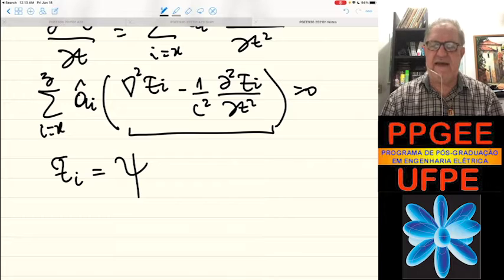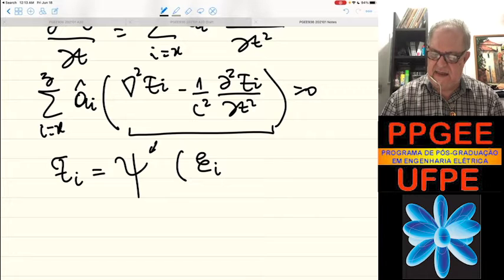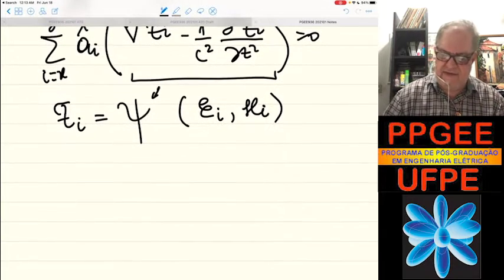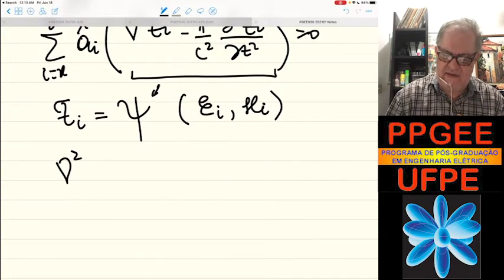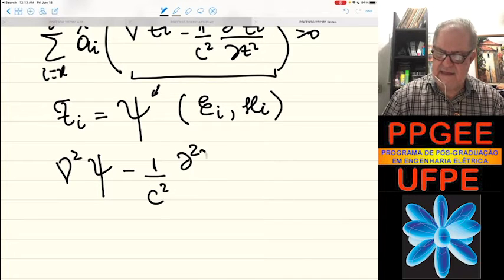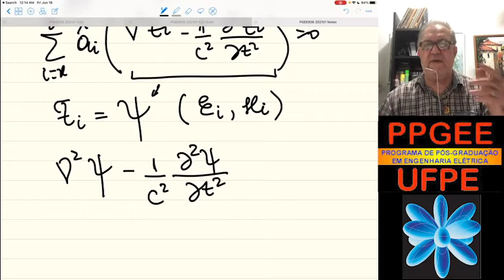So we arrive at this: we have to satisfy the vector wave equation by satisfying each component. So we have to satisfy the scalar wave equation. Let's call any component of the field, either E_i or H_i, generically psi. So we have this equation, the scalar wave equation. That's the equation that has to be satisfied by any component of the field.